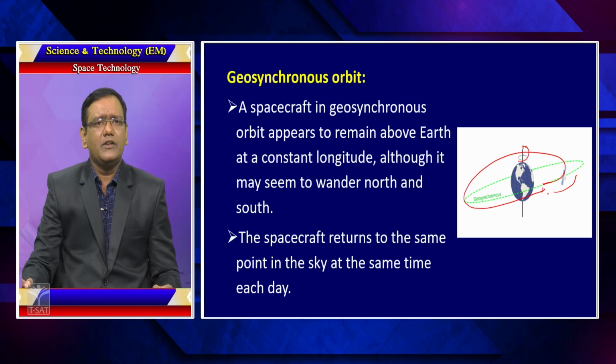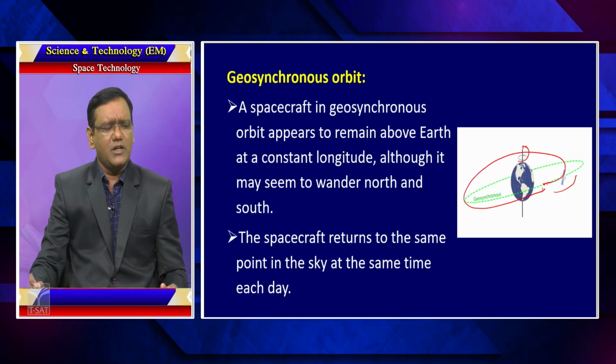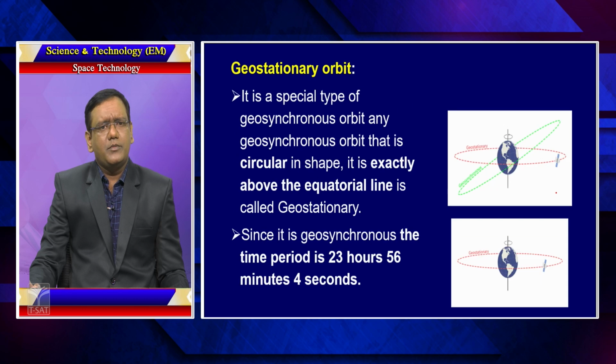The time required to complete one full cycle is called a time period. So when the Earth and the orbiting satellite have the same time period, the satellite would look constant if you look at it from the Earth.